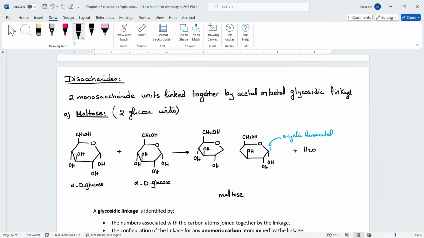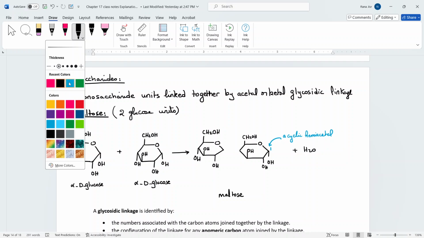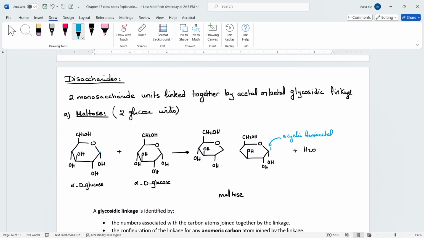The reaction always starts from carbon number 1, which is the anomeric carbon of the first monosaccharide, and carbon number 4. If I'm starting here from 1, that is going to be 2, 3, and 4, and carbon number 4 of the second monosaccharide.